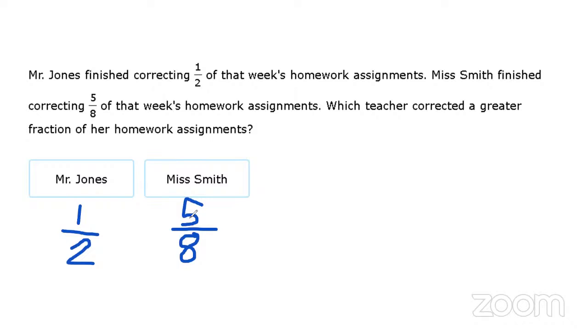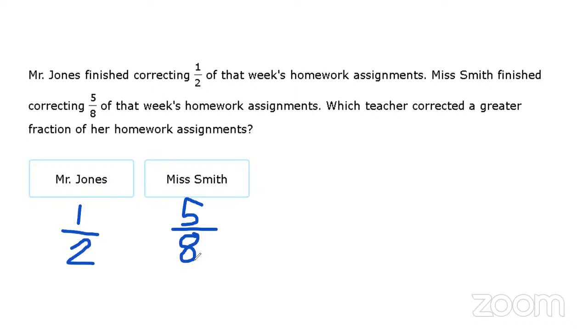So we first have to ensure that we make equivalent fractions, so we have the same equal parts for each fraction. In order to represent a half using 8 equal parts, we have to see what equivalent fraction we can get for a half with the denominator 8.